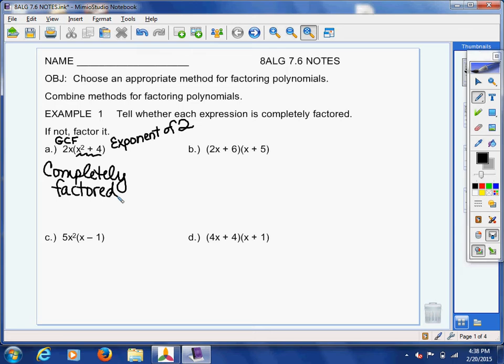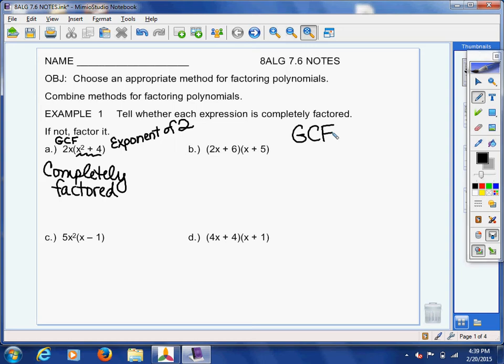Okay? Let's look at letter B. Well, it looks like they factored a trinomial and got these 2 binomials. Now, I don't see any squared exponents, so I don't think it's a perfect square trinomial. I don't see any trinomials there. I don't see the difference of 2 squares. What I am going to look for is I'm going to check my quantities and make sure that all GCFs have been pulled.